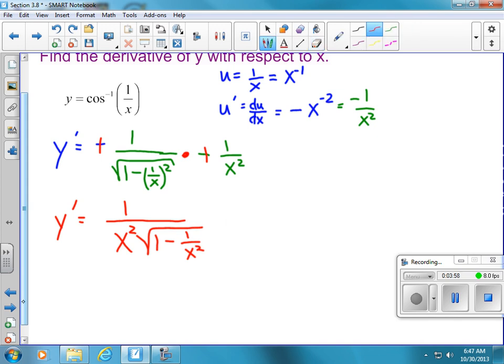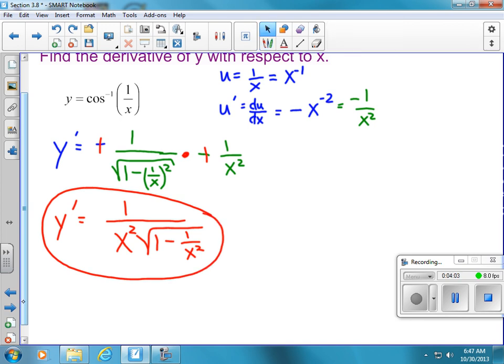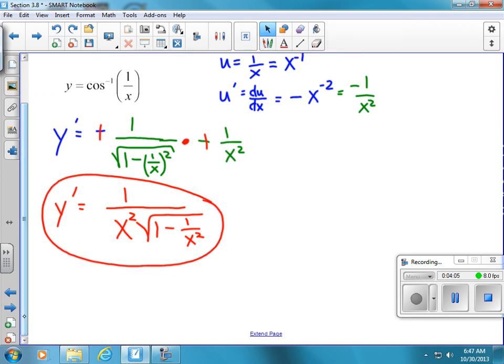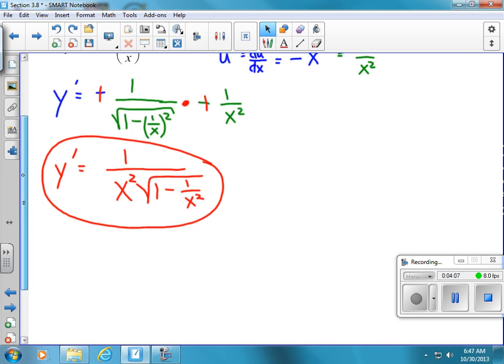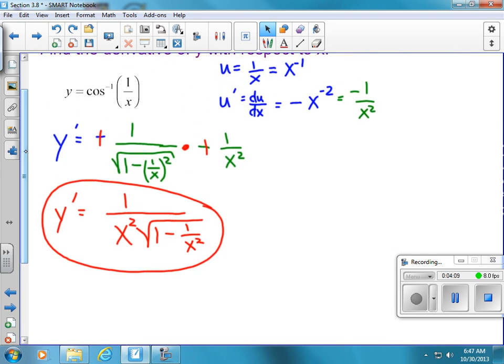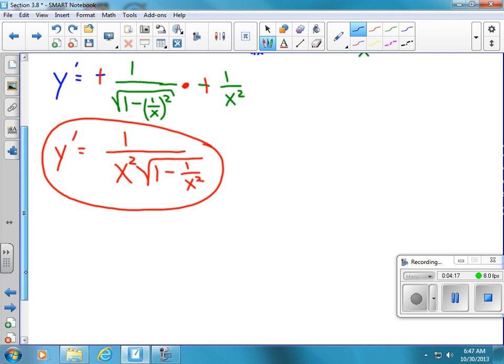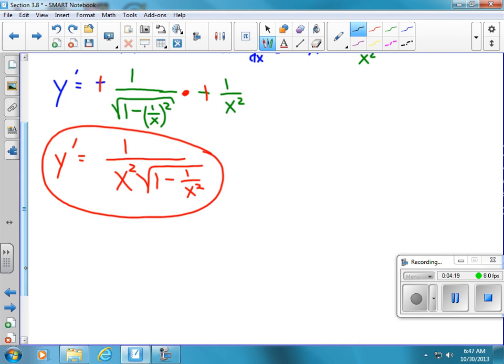All right, now that's our answer. We're going to do a little bit more to this problem just to make it more interesting and to demonstrate a point. We've just taken the derivative of cosine inverse 1 over x. We are going to do some algebra on this problem to demonstrate something.